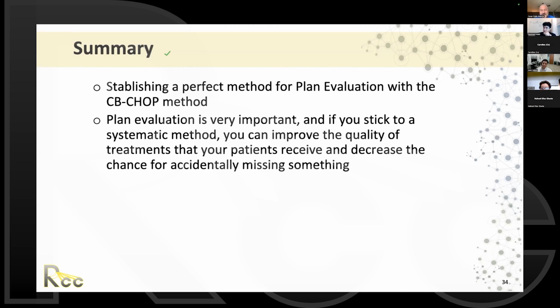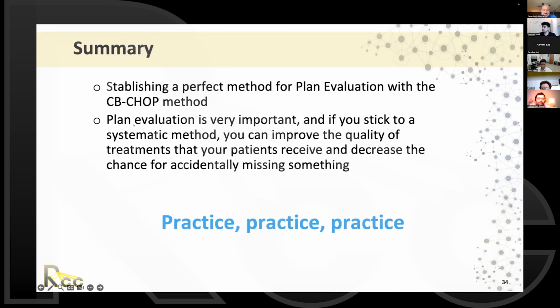Plan evaluation is a very important step in radiotherapy. If you stick to a systematic method, you can improve the quality of the treatment of your patients and decrease the chance of accidentally missing something. And of course, the more you practice, the better you're going to get at plan evaluation.